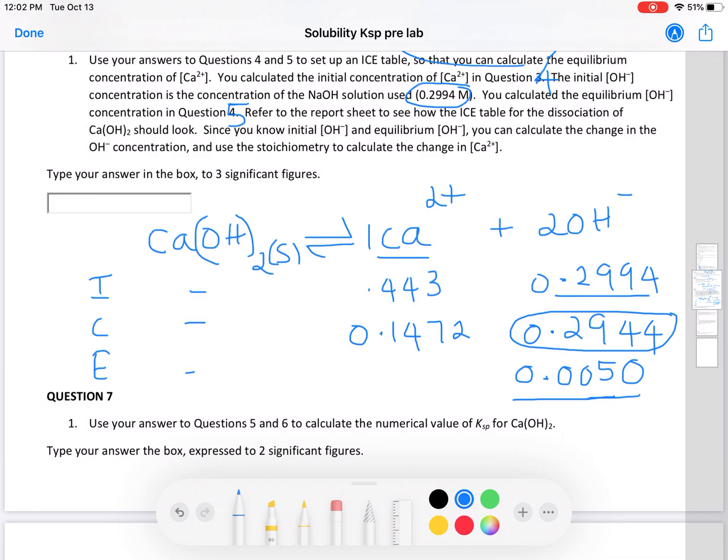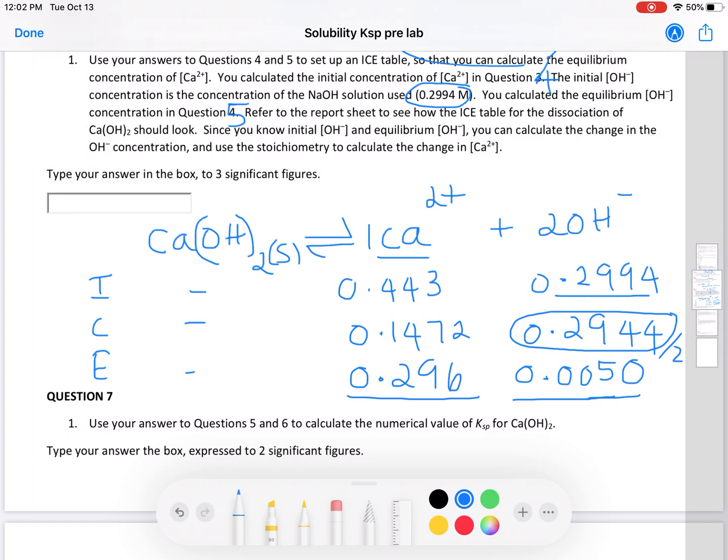So this number came by dividing this number by 2. Okay, and how do you find out the equilibrium concentration of calcium? You subtract 0.443 minus 0.1472. Since we have 3 decimal places, you have to keep the answer in 3. There would be 0.296.